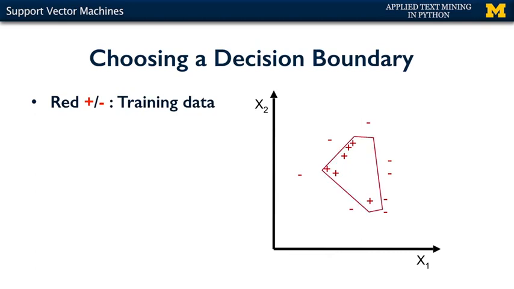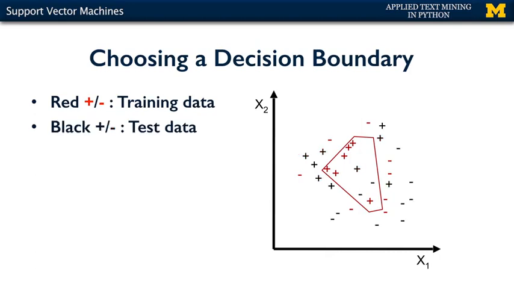It's an irregular shaped pentagon, or in general any other polygon, a closed surface, that puts all the positive points inside the polygon and all the negative points outside. This is a perfectly great decision boundary. The accuracy on the training data is 100%. Every point is labeled correctly.